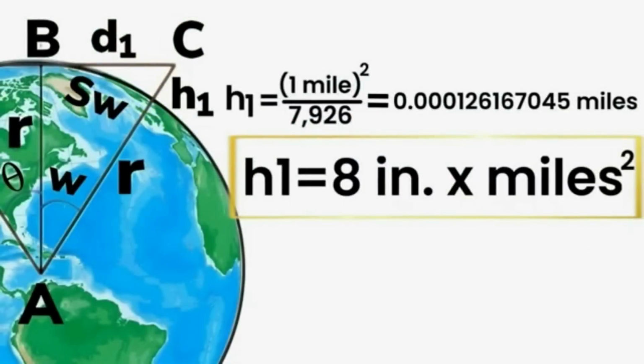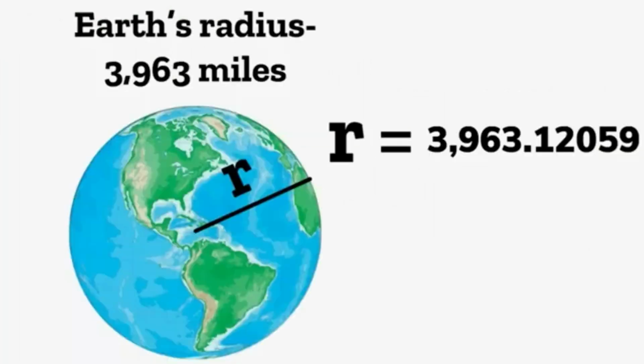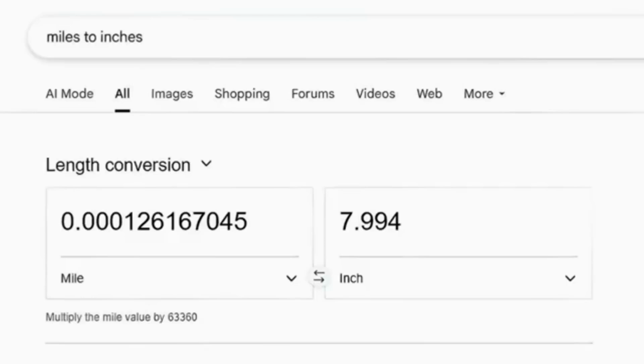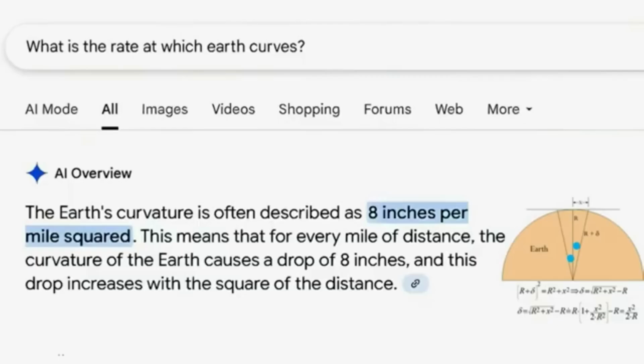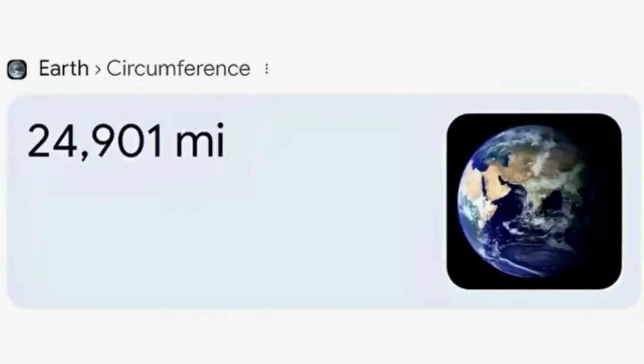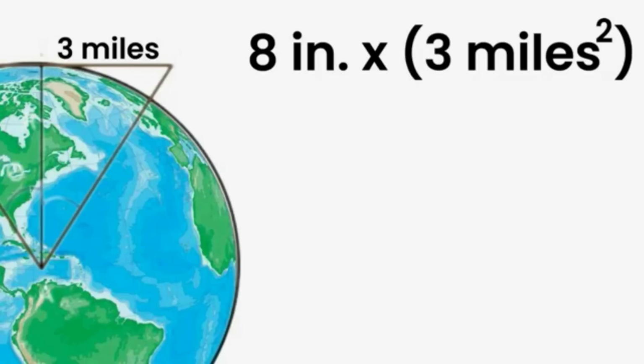Can you elaborate on that more? Absolutely. Although we did a very minute amount of rounding, it is still known that the Earth should curve at a rate of 8 inches times the miles squared if it had a circumference of 24,901 miles. To solve for that is quite simple. Let's say we have a distance of 3 miles.